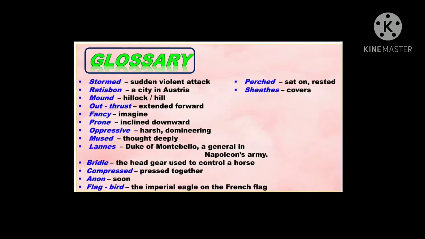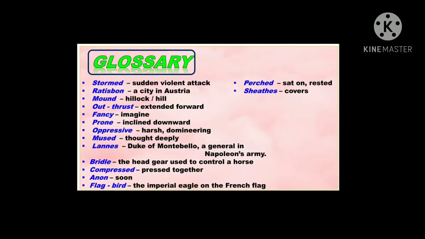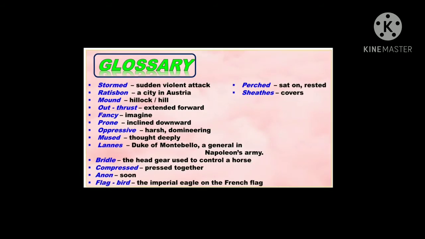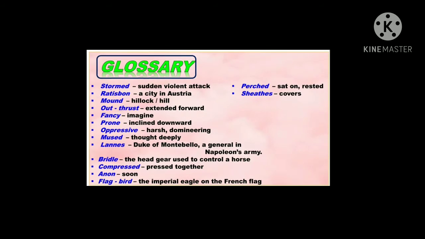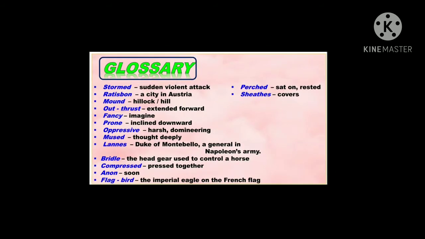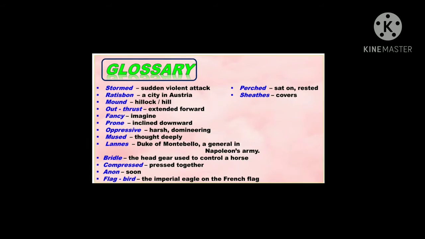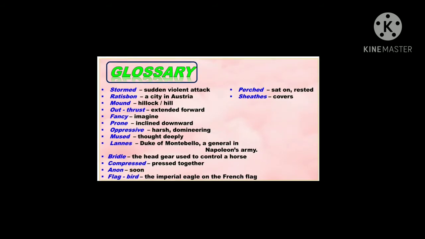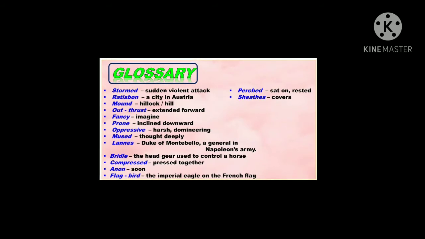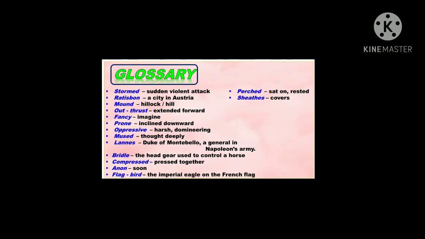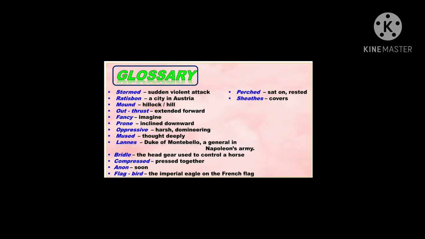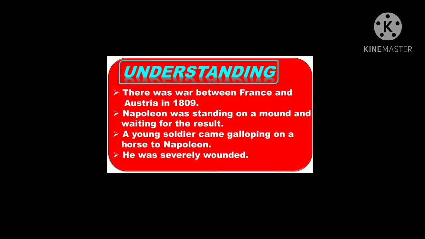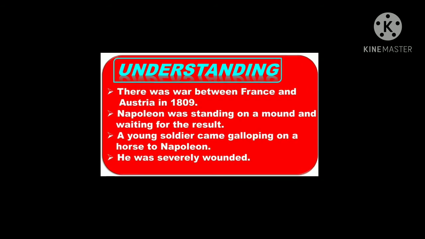Lannes, Duke of Montebello, a general in Napoleon's army. Bridle, the headgear used to control a horse. Compressed, pressed together. Anon, soon. Flagbird, the imperial eagle on the French flag. Perched, sat on or rested. Sheaths, covers.